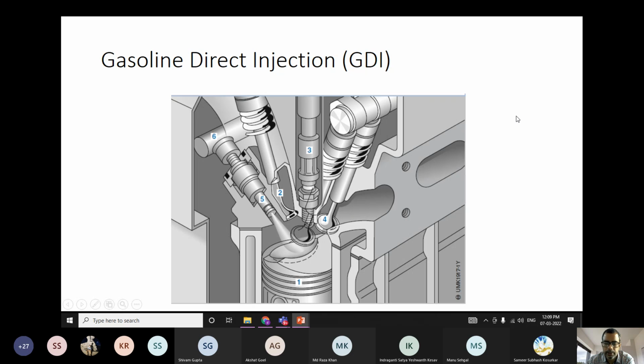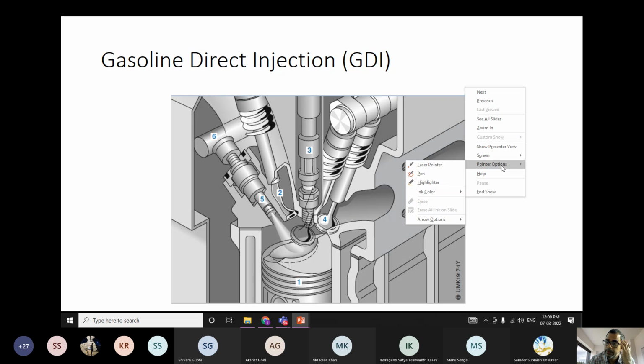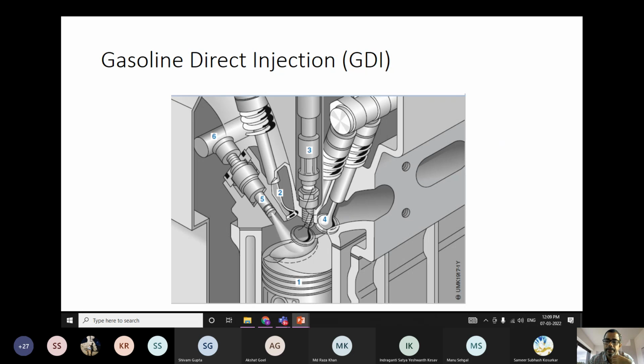Yes, so we can see here that we have a spark plug, and here the fifth is our injector, with the opening of the injector such that the jet comes directly into the combustion chamber, unlike the PFI engine, in which the jet comes out in the intake manifold.